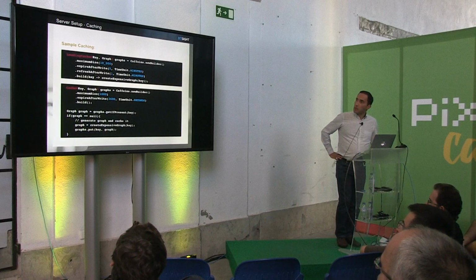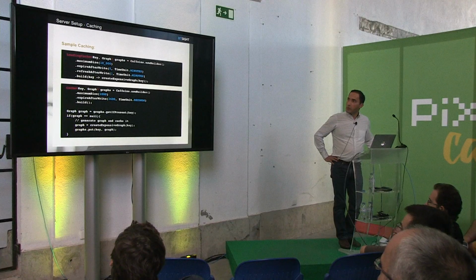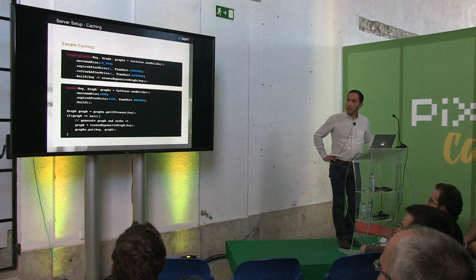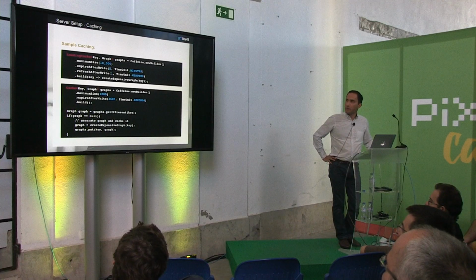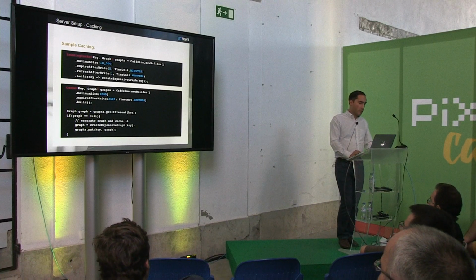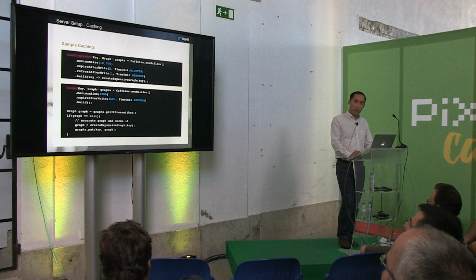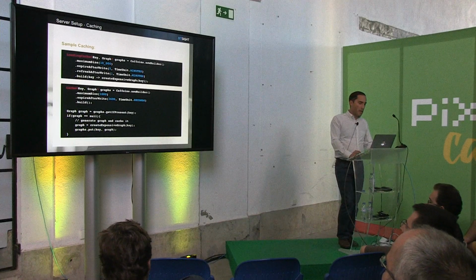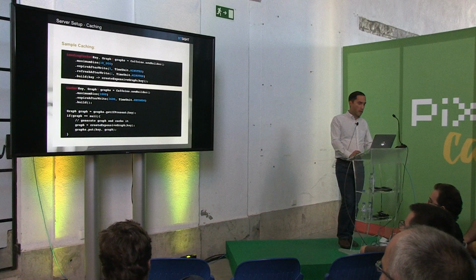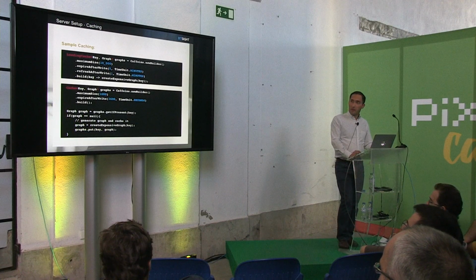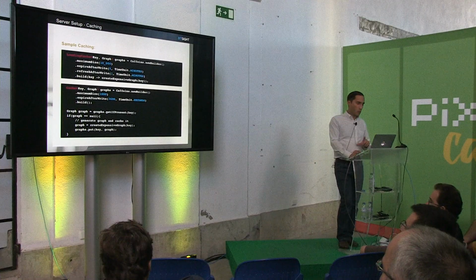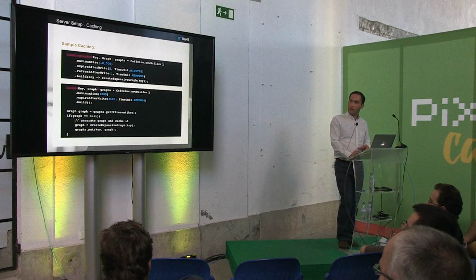So this is a small example of how to use Caffeine. Caffeine is a framework for caching in Java. It's very similar in the way it works, but it's faster than Google Guava Cache. So you can even replace your Guava caches with the same API on Caffeine.